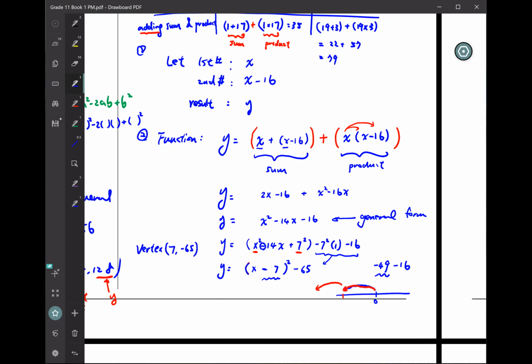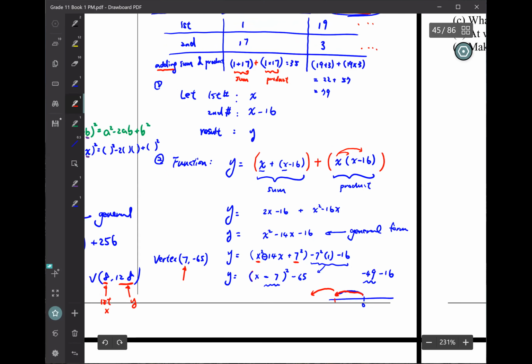Okay, so we got the vertex, right? Once you get the vertex, everything else is easy. After you get the vertex, you go back and look at the last statement, because the last statement is what you chose to be the first number and second number. The first value for the vertex will be your x.